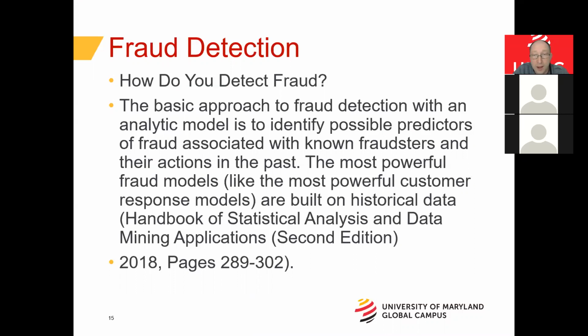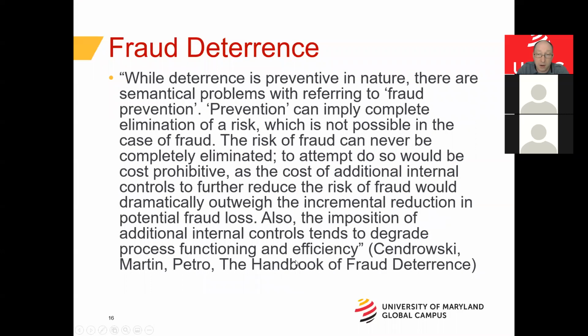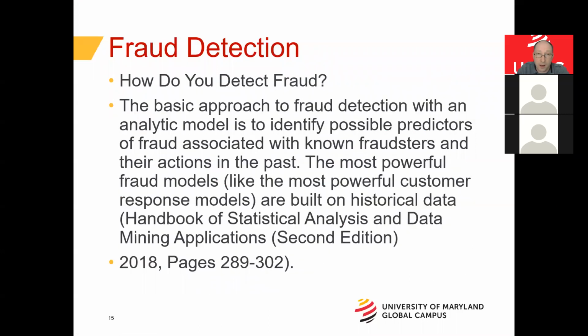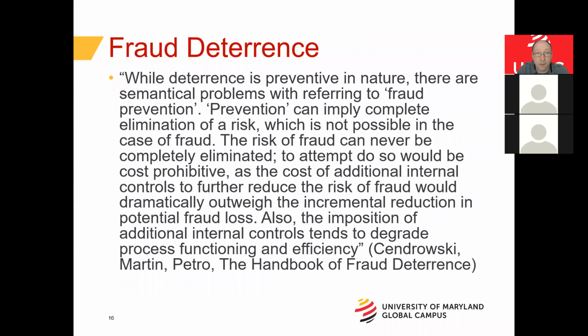We use predictors to identify fraud based off of actions that have happened in the past. And so take a look at the Statistical Analysis and Data Mining Applications Handbook. That is another interesting area of interest to kind of get an idea of how to detect fraud.